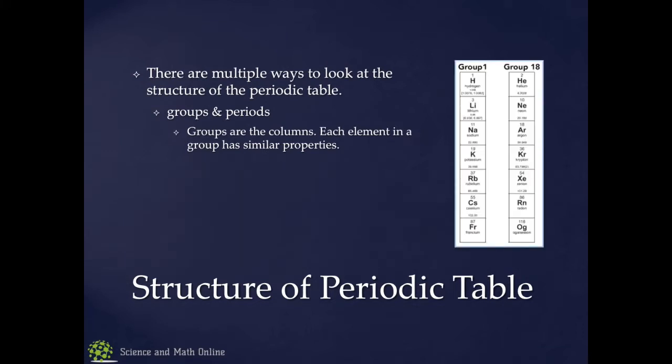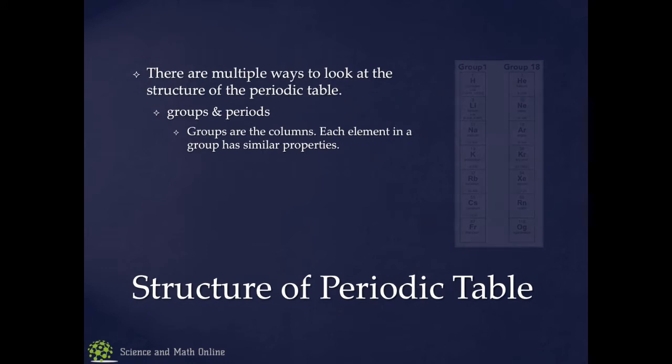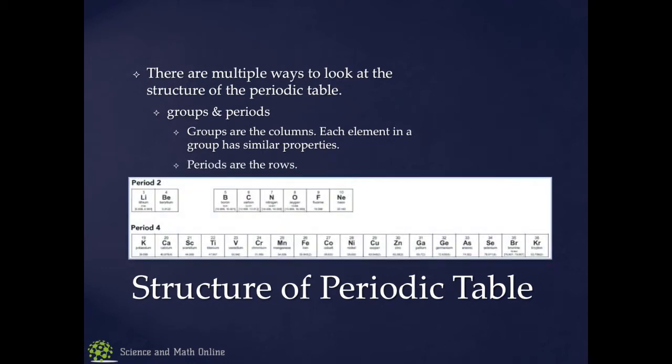Part of the reason these are called periods is that something that repeats on a consistent pattern is periodical, or has a period. Every time you get to the end of a period, you get to a noble gas, and they have similar properties. Every time you start a period, you're back in group 1, which all have similar properties. So there's a repeating pattern of properties, and that's why they call them periods.